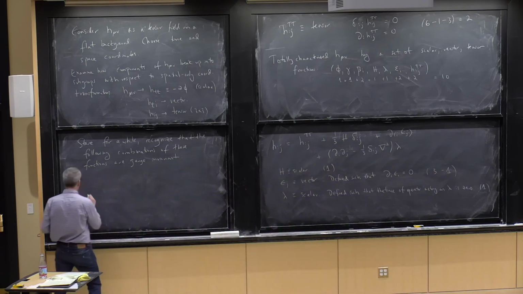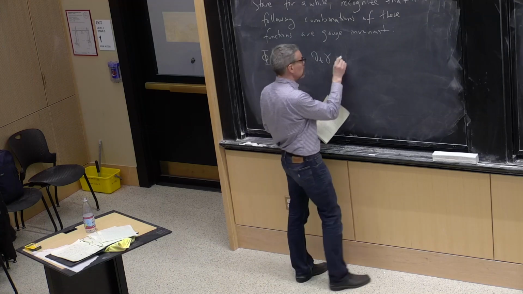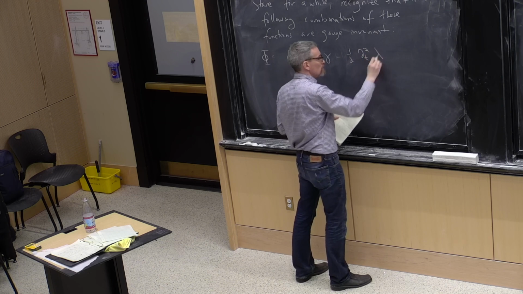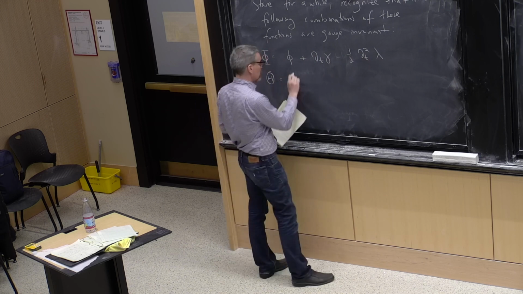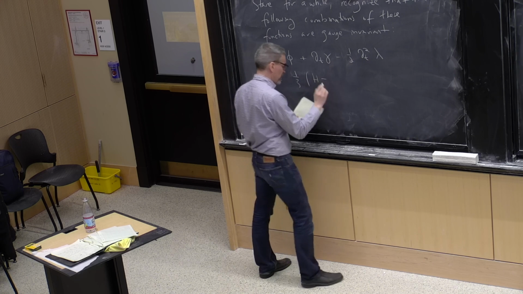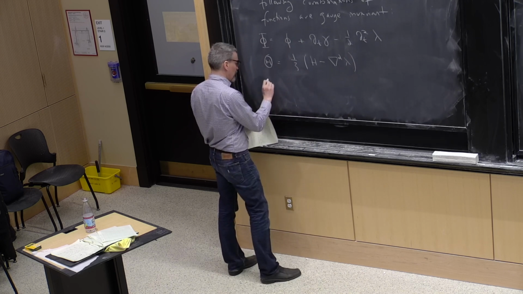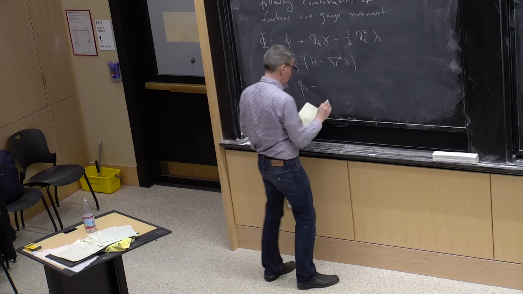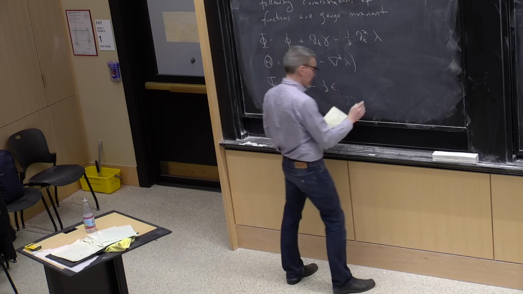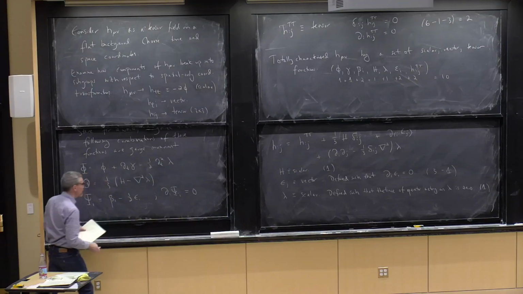So if I define capital phi to be little phi plus the time derivative of my gamma minus 1/2 two time derivatives of lambda, if I define theta as 1/2 h minus the plus operator on lambda, and I define the vector field Ci to be beta I minus 1/2 epsilon I. Note this vector field is divergence free.